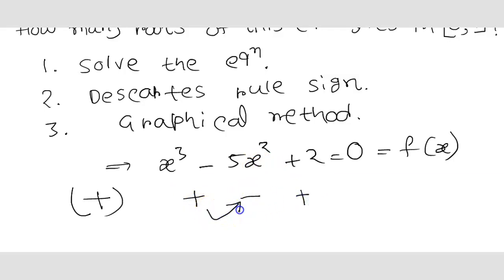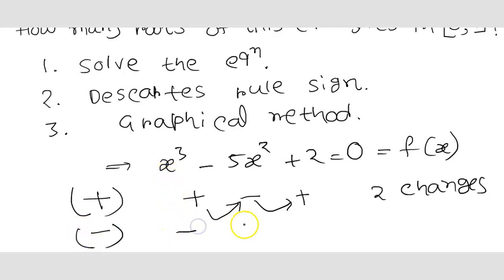So there are two sign changes. And when we put negative values in place of x, the x cube term will be negative, this term is always negative, and this term is positive. So there is one change.